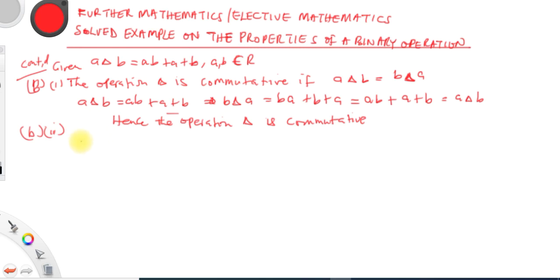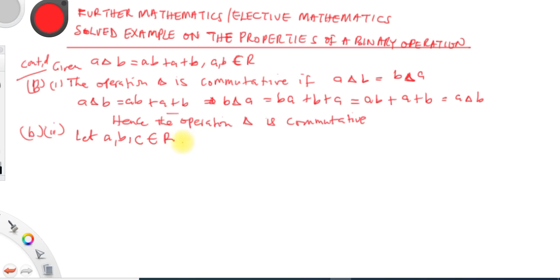You know that for the associative property, we take 3 elements from the set, and then we take one operation. You can say let A, B, C belong to the set of real numbers.